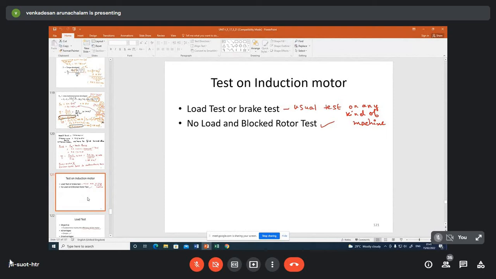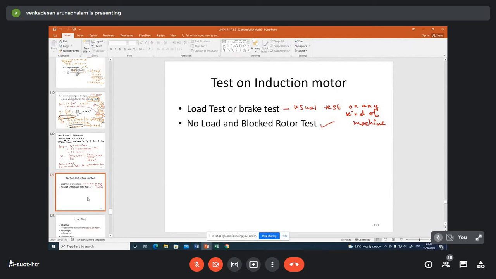So load test, otherwise it is called as brake test. That is a very common test applied for any type of machine. You will simply load the induction motor and find the performance of induction motor, right?